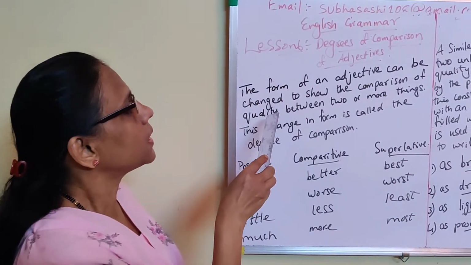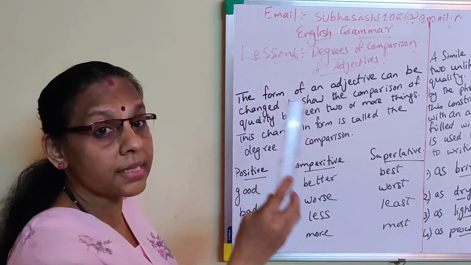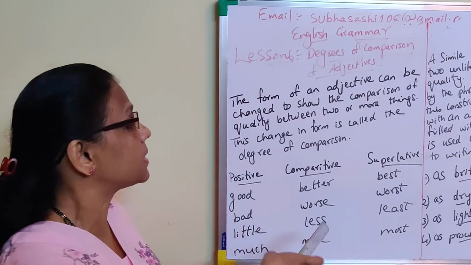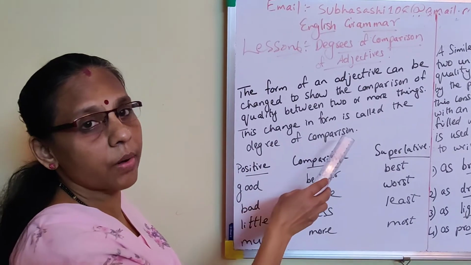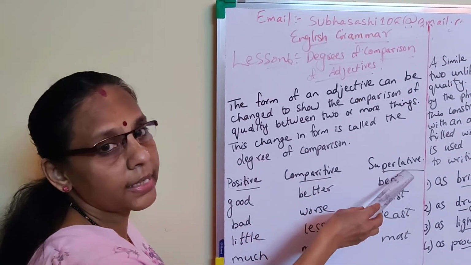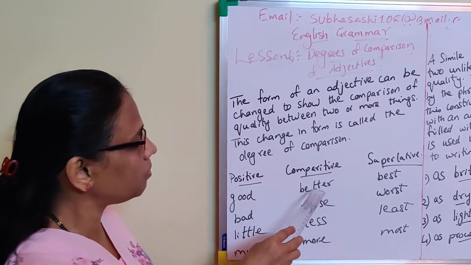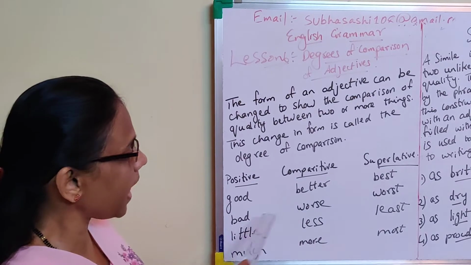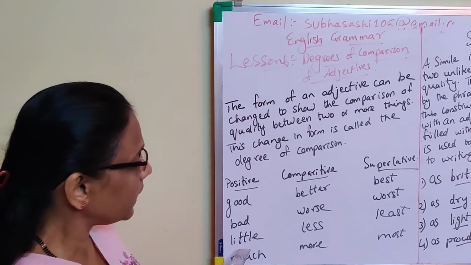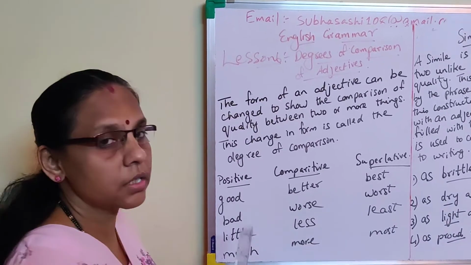This change is called degrees of comparison. 3 degrees are there: positive, comparative, superlative. So examples are given: good, better, best; bad, worse, worst; little, less, least; much, more, most.